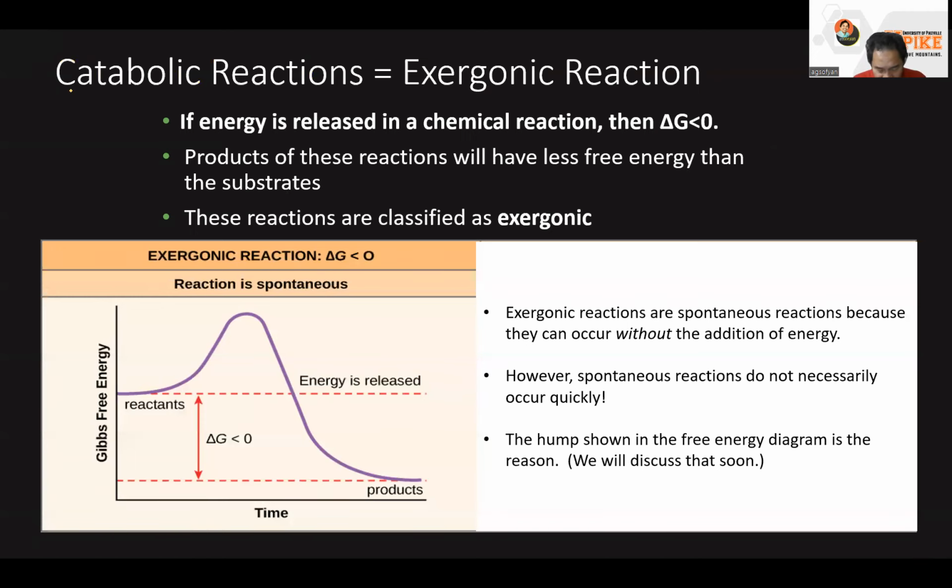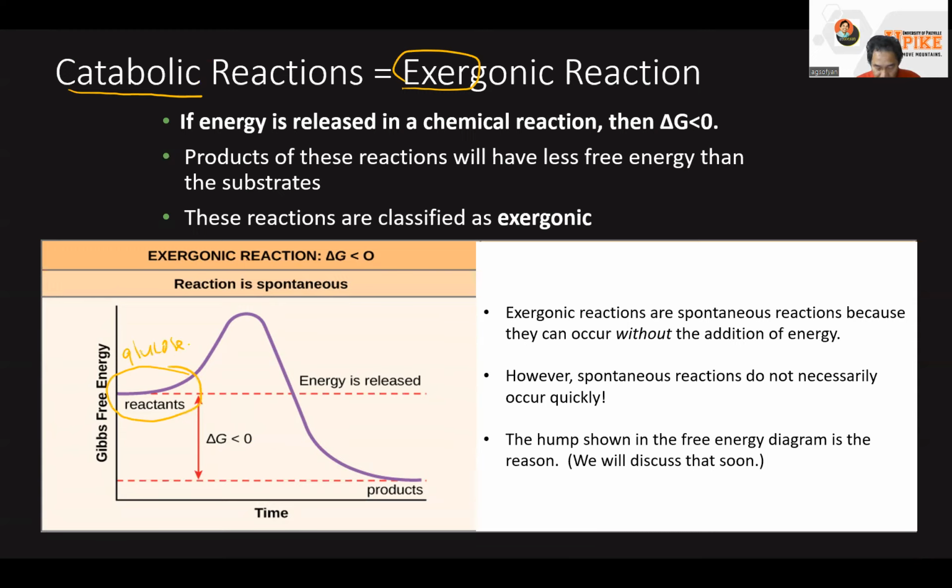For the catabolic reaction, which is the decomposition or exergonic reaction, the energy will be released. The delta G will always be less than 0. Why? Because remember, it starts from bigger molecules. Let's say this is glucose.